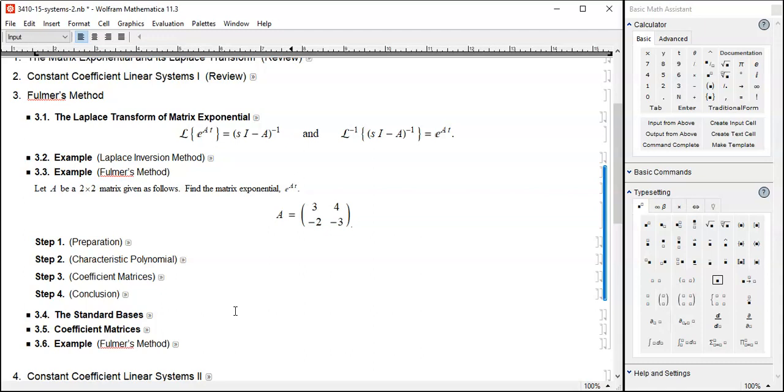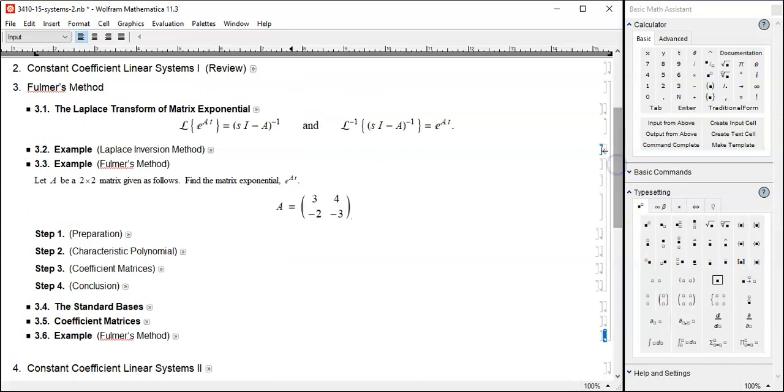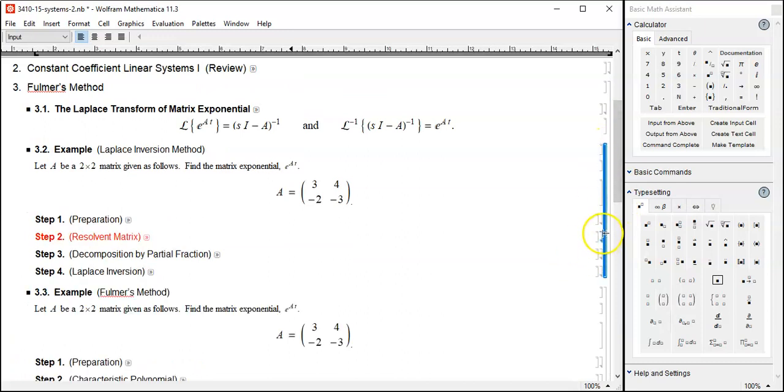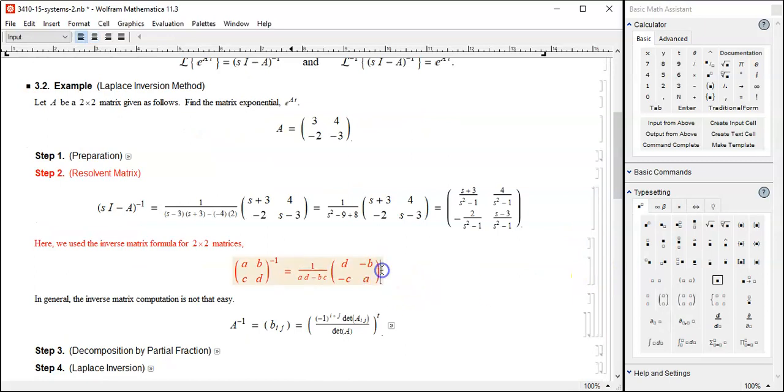If I have a matrix of 3 by 3 or higher, like this kind of example down here, then the inverse matrix is going to be a real challenge. It doesn't work like this, and then we may have to do this, and then this is going to take another humongous computation. So the decomposition by partial fractions is not the most computation intensive step, as a matter of fact.